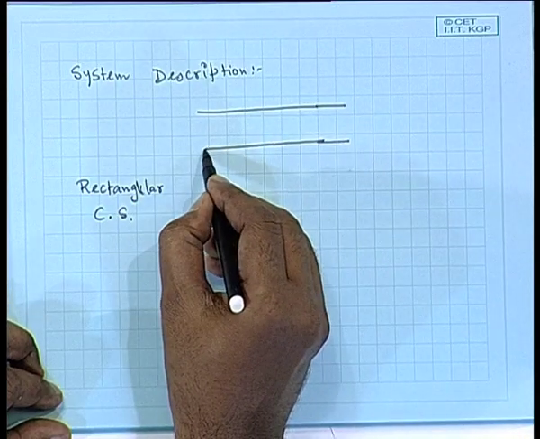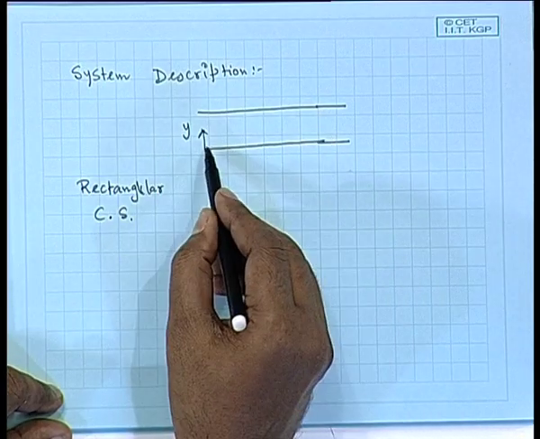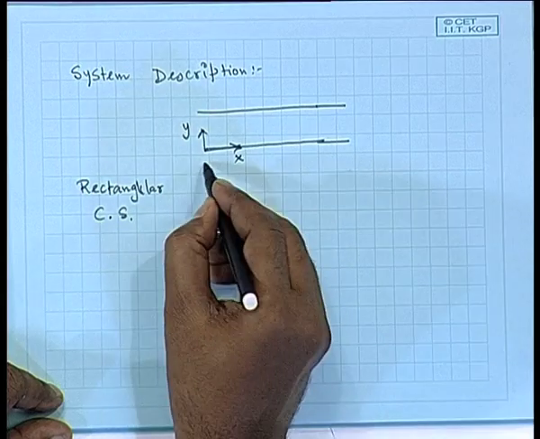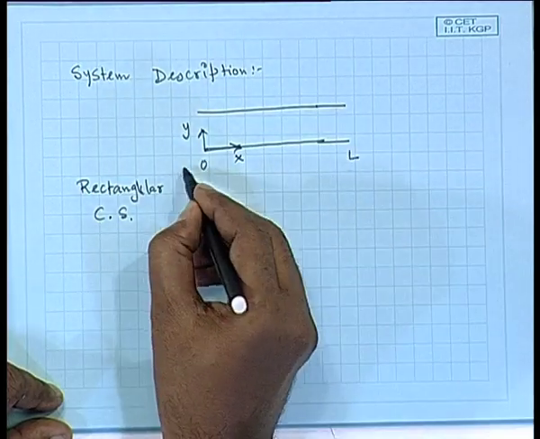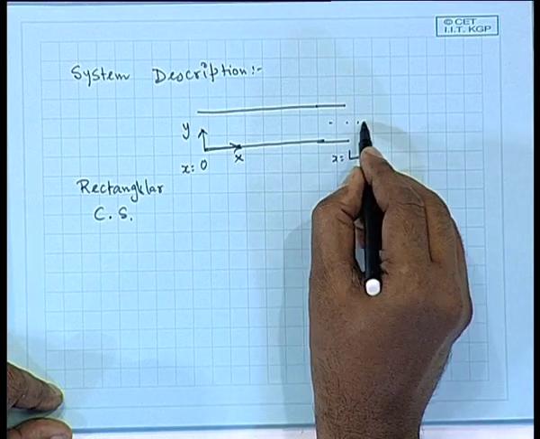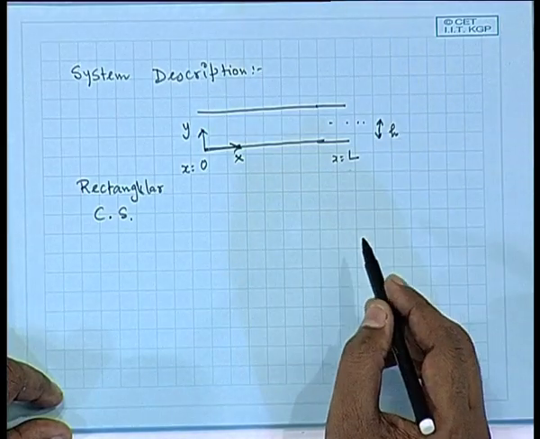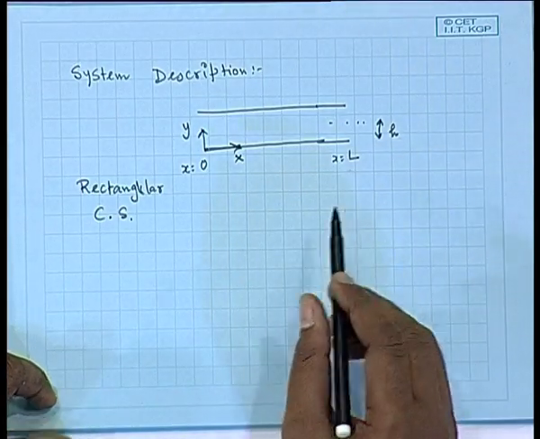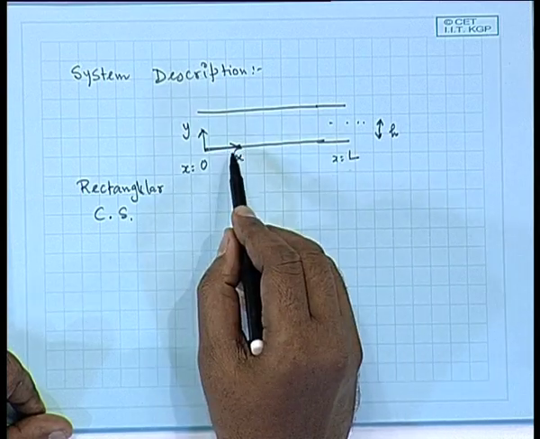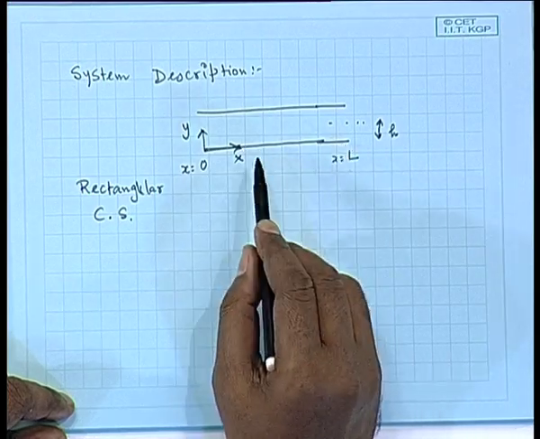Now, our y axis is from the bottom surface facing the top, and this is the x axis. The length of the channel is from x equal to 0 to x equal to L. Now, the half height of the channel is small h, so the full height is twice h. Now, you are placing a porous surface; the bottom plate is basically porous.